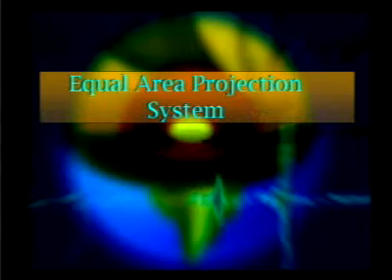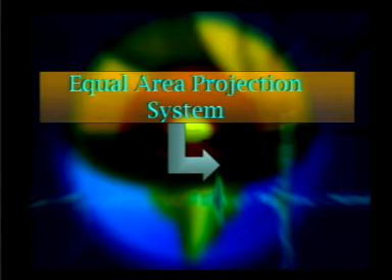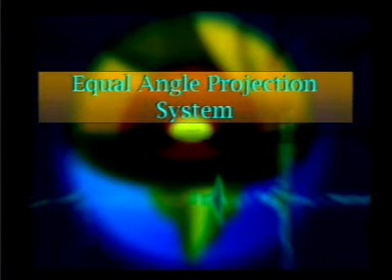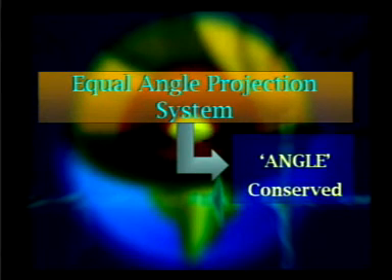The projection systems which are usually used in seismology are of two types. One is the equal area projection system, in which the area is conserved, while the other is the equal angle projection system, in which angle is conserved. The equal area projection is also known as the Lambert or Schmidt projection.